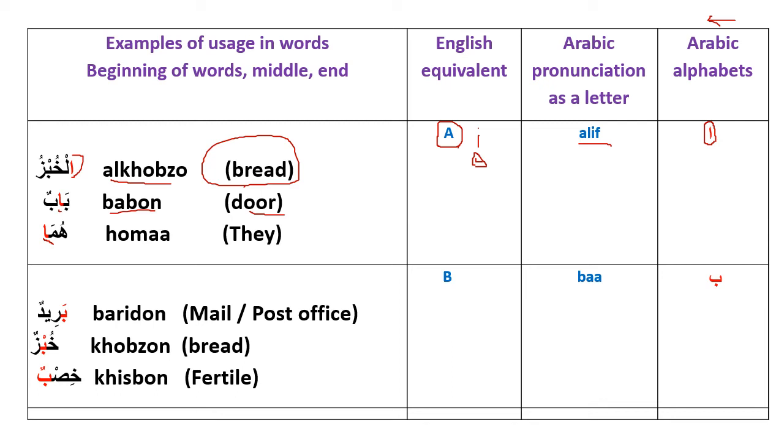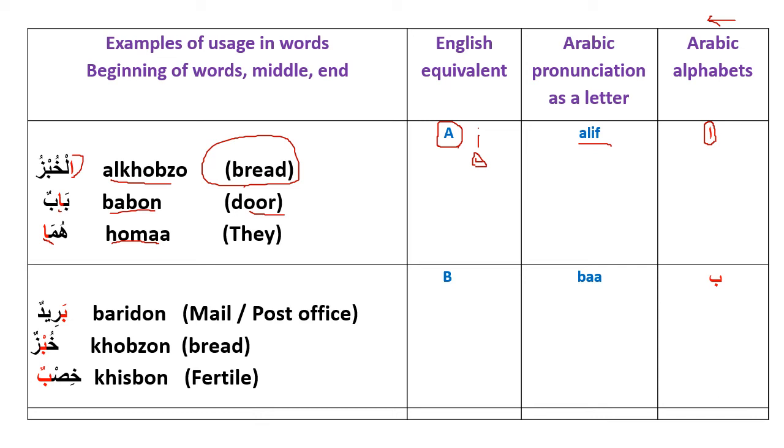So I'm not going to load you with all the information, but just as I said, this is intended to be a from scratch learning start. So we will take the basics, then we will come to profound things later. So this is it. For example, huma, which means they, for dual, for 2 in English. This is the letter Alif.